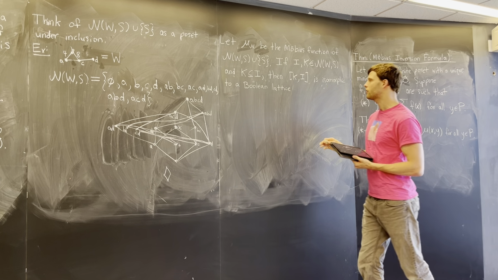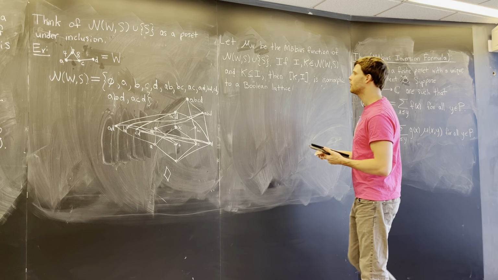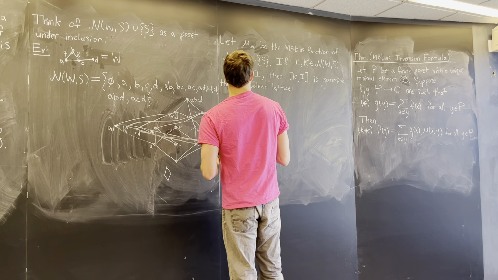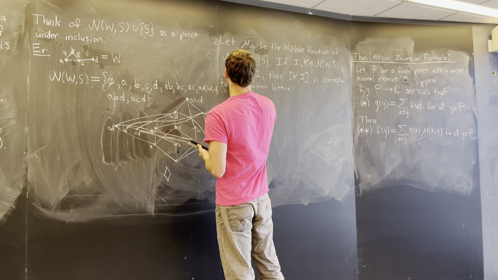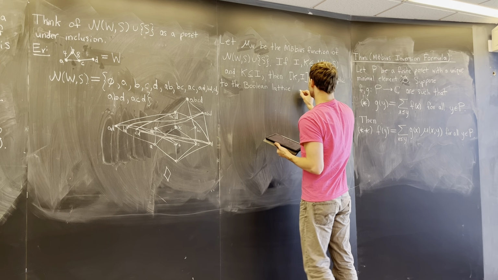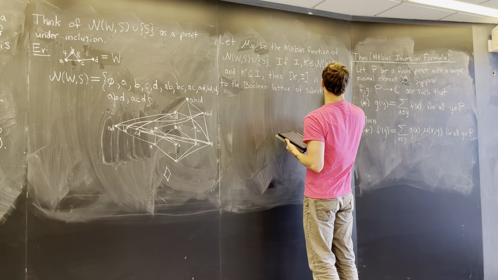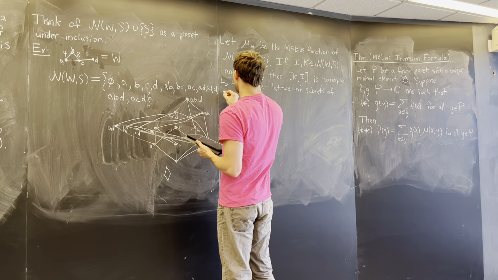Basically, the isomorphism is, maybe I should say it's isomorphic to the Boolean lattice of subsets of I minus K.